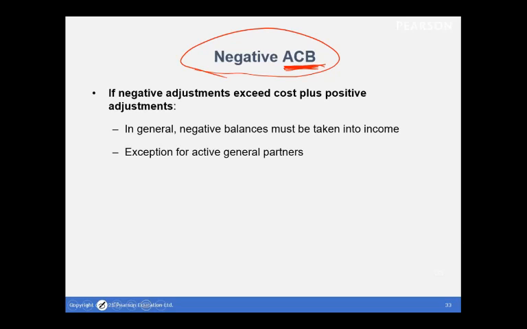If your cost base, due to this math and the way we do this, goes negative, generally speaking, that means we have to have some income. If you do a calculation and you get a negative balance in that account, that means you've got income. To give you an example, say a brand new partnership, you walk up and go, okay, I'm going to put 100K in.